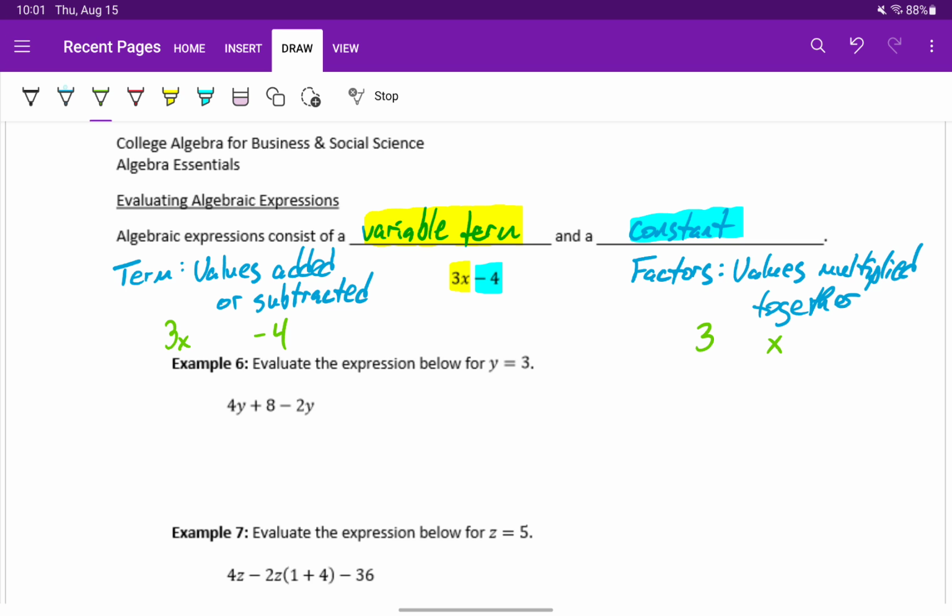And then we also have coefficients. The coefficient for our variable term would be 3. It's just the number that precedes that variable factor. And when we look at the constant term, we could also refer to negative 4 as a coefficient, even though there's no variable component to that term.